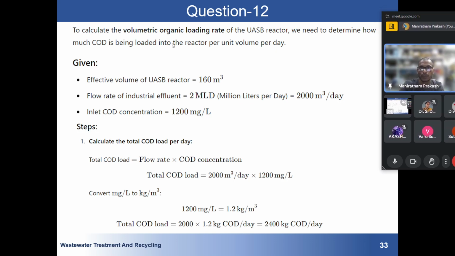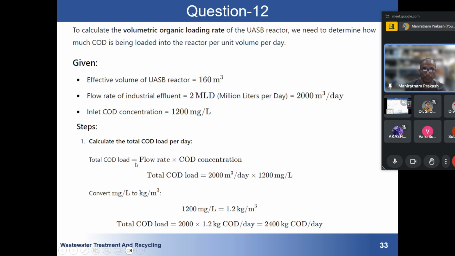To calculate the volumetric organic loading rate, we need to determine how much COD is being loaded into the reactor per unit volume per day. We have been given that the volume is this much, the flow is 2 MLD, which can be converted into meter cube per day, and the inlet COD is 1200 milligram per liter.